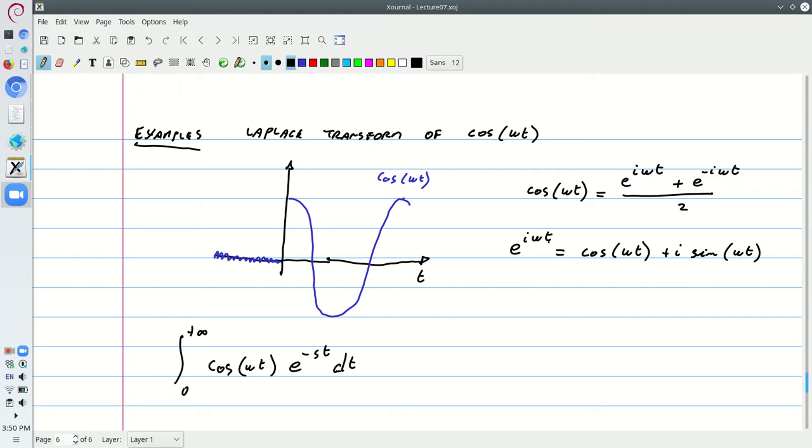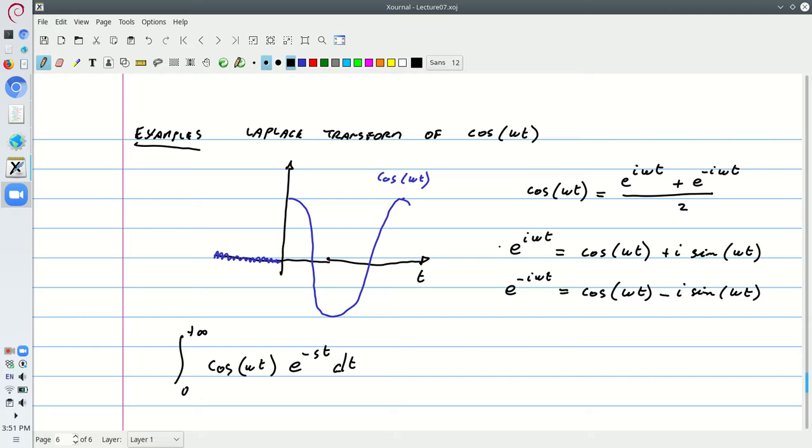The exponential of minus I omega t, using the same formula, we are simply replacing t with minus t, becomes cosine of omega t or minus omega t. They give you the same cosine, so we can keep it like this. Instead, the sine of omega t, the sine is an odd function, so we get a minus in front of everything, and we get sine of omega t.